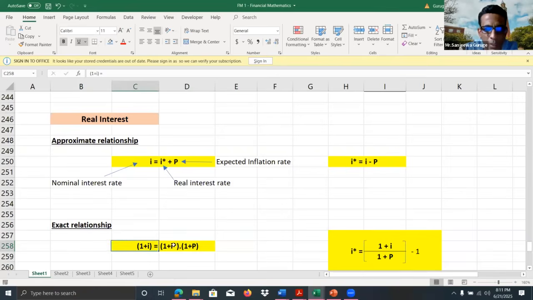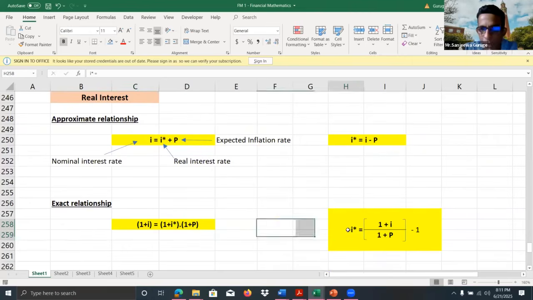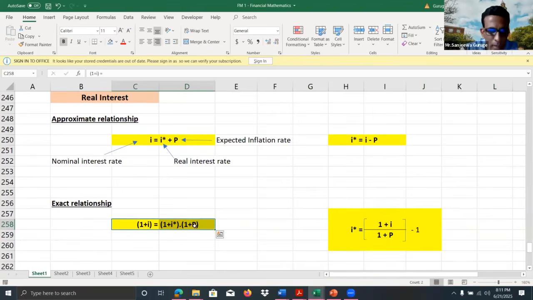In order to convert nominal rate to real or real rate to nominal, we use this Fisher formula: 1 plus nominal rate equals 1 plus real rate into 1 plus expected inflation. So when you rearrange that in terms of the real rate, you get this formula. So this is the formula to calculate the real rate, because here simply this formula is rearranged. So real rate equals 1 plus nominal rate divided by 1 plus expected inflation, then minus 1. So that is the real rate.